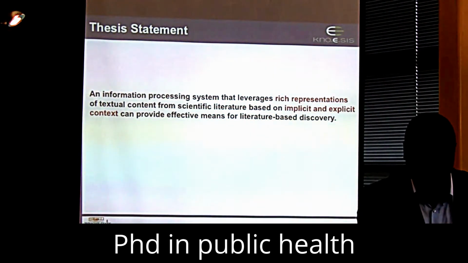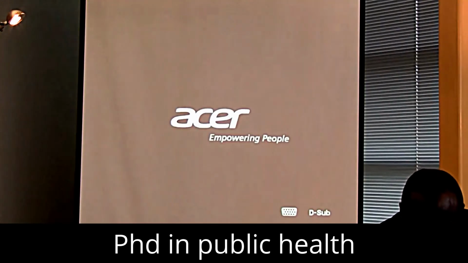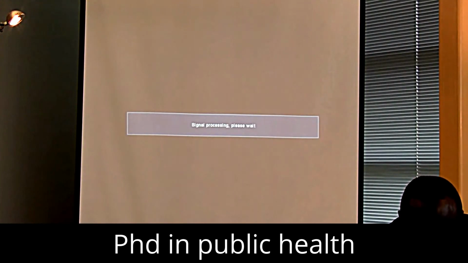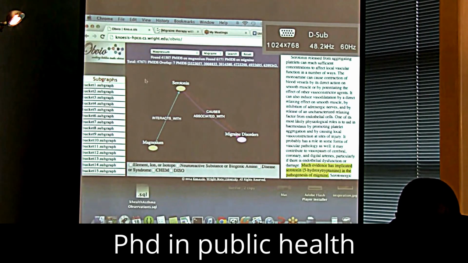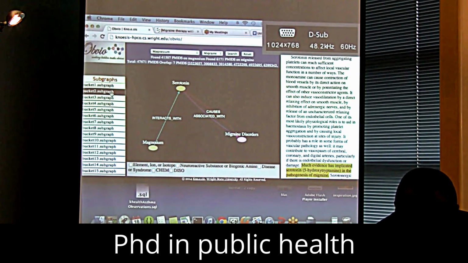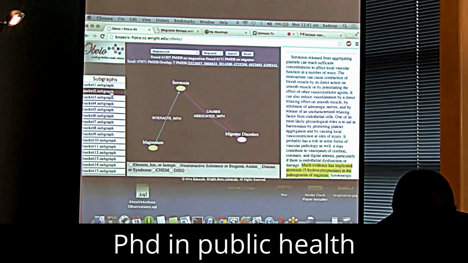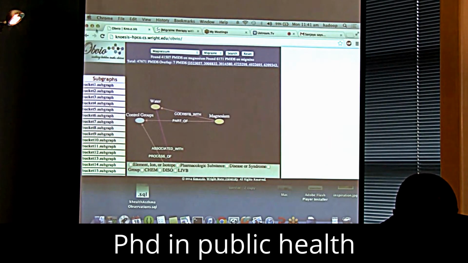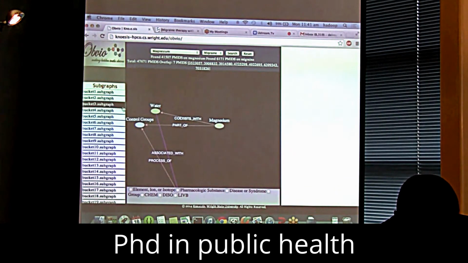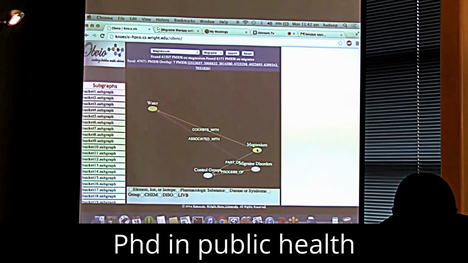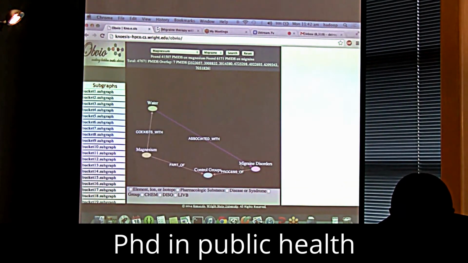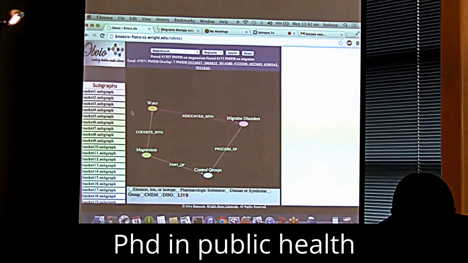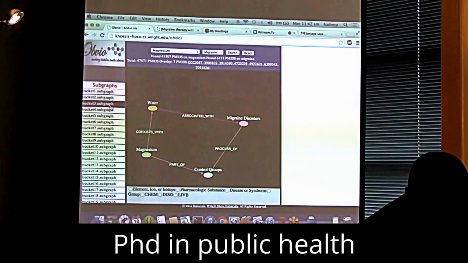Just to make that point, and then I'll wrap up, from my demo I showed serotonin, which is a monoamine neurotransmitter. My second subgraph, and I apologize if my display is not that great, contains magnesium and water and control groups and so forth, which is different from what we see on serotonin.